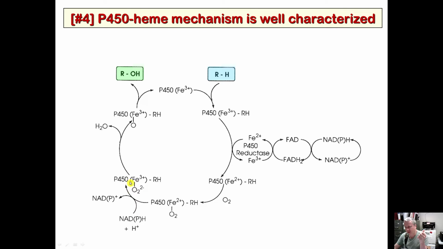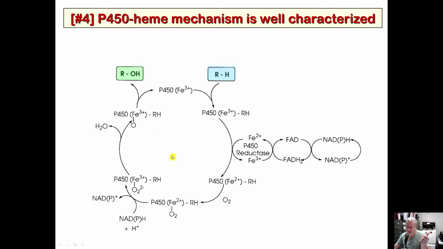Then oxygen is lost from the system as water, leaving an oxygen which is ultimately going to be attached to the RH, and that is how your molecule gets oxidized. So that's a way to think about the general catalytic system.